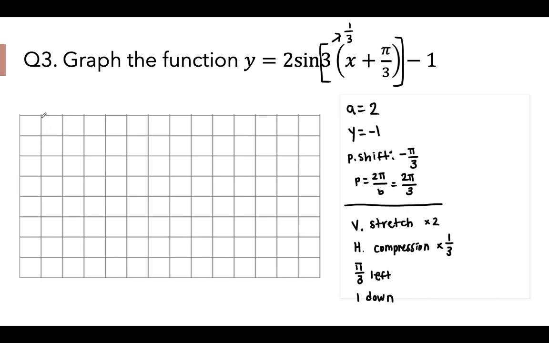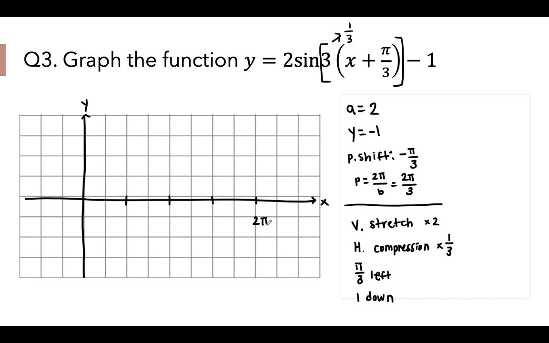So I'm going to draw the axis over here, and over here. So this is y and this is x. Again, we're going to divide it into 4 sections. So let's do 1, 2, 3, 4.